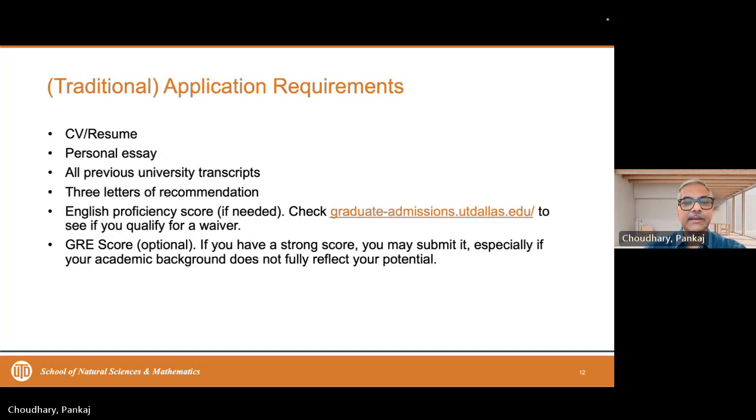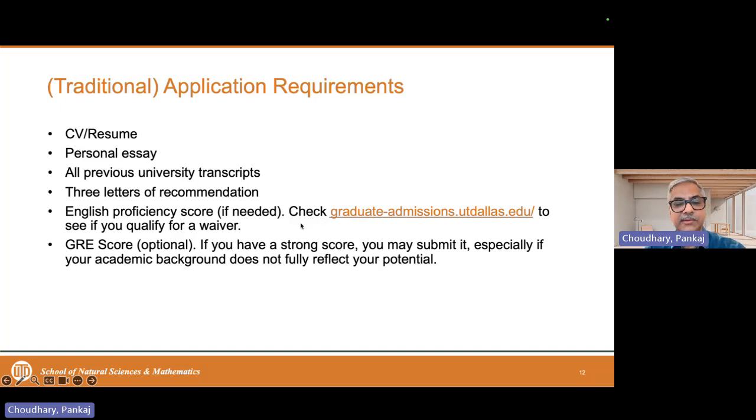Now, let's go through the typical application requirements. Of course, you have to submit your CV or resume, a narrative, all previous university transcripts, and three letters of recommendation. If you are a domestic student, you don't need an English proficiency score. Even if you are an international student, the English proficiency score may be waived, so you are encouraged to look at the graduate admissions website to see if you qualify for a waiver.